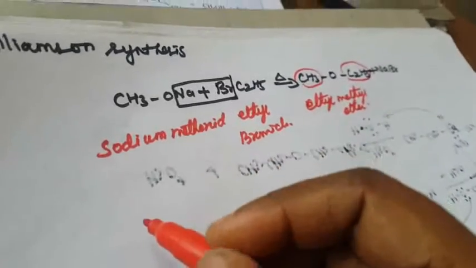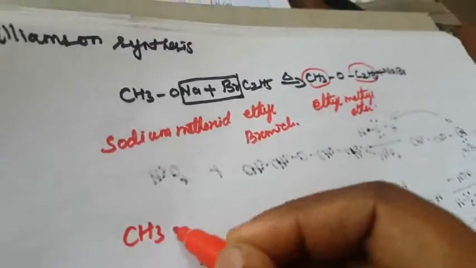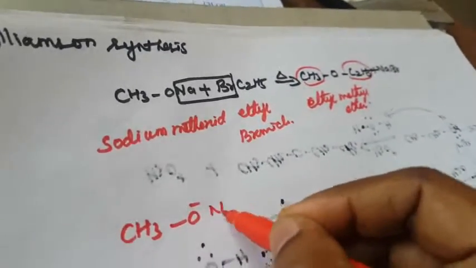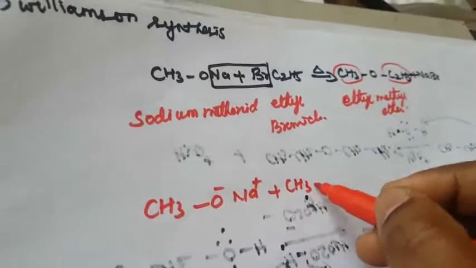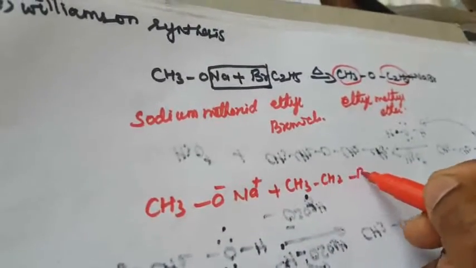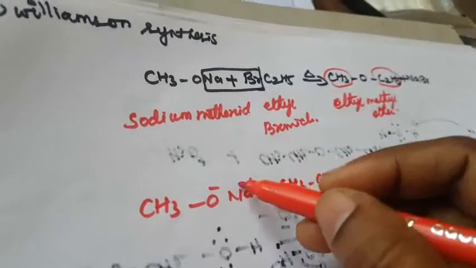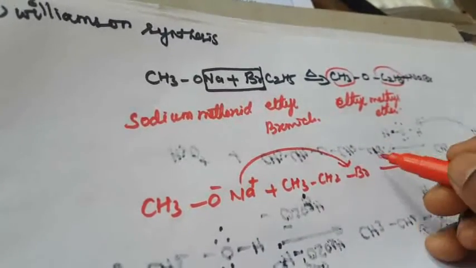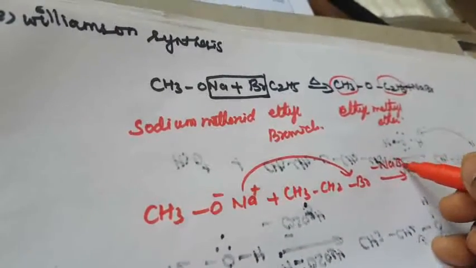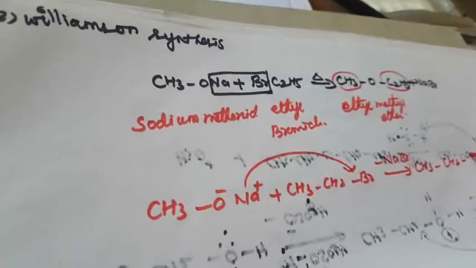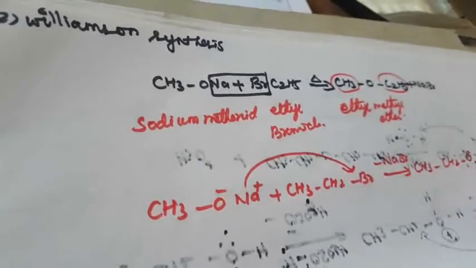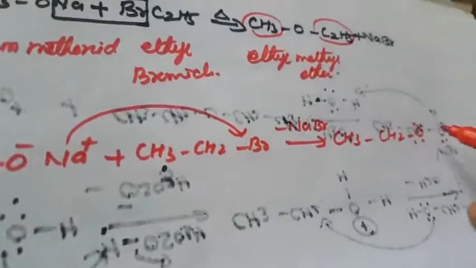How it will react: again CH3O minus Na plus. Okay, so it will react with this one, CH3CH2Br. So this O will attach to that. This is the negative charge. So NaBr will be removed. So that is CH3CH2O here, then CH3.